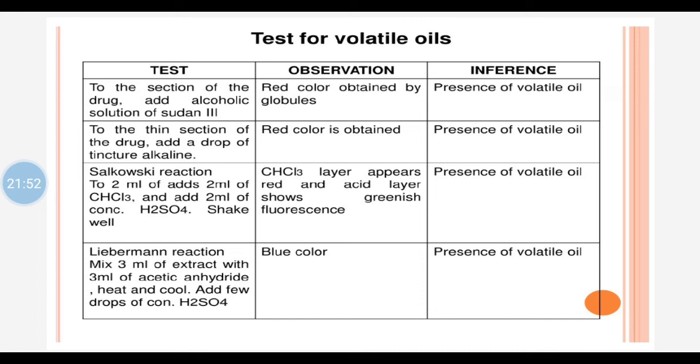Then the next test is the Liebermann reaction, where 3 ml of extract is taken with an equal volume of acetic anhydride. It is heated and cooled. Then a few drops of sulfuric acid are added, which gives blue color. It confirms presence of volatile oil. So these are some of the important tests of volatile oil.